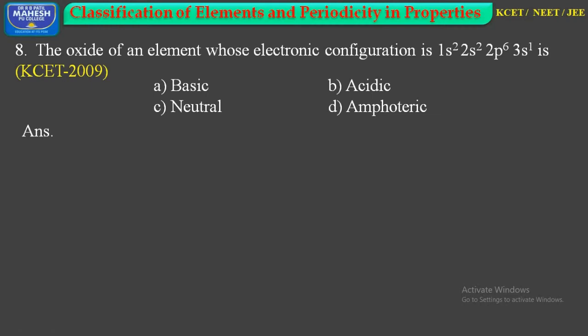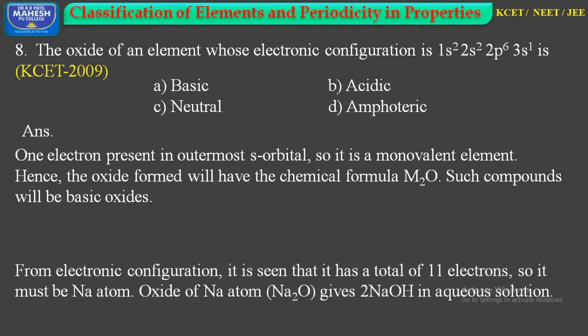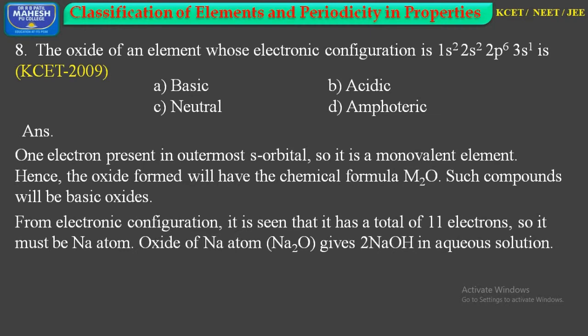So the oxide formed for that metal will have the chemical formula M2O, because the valency of the metal is 1. And to be specific, with this electronic configuration, the element is sodium. So we can write the oxide of sodium as Na2O.